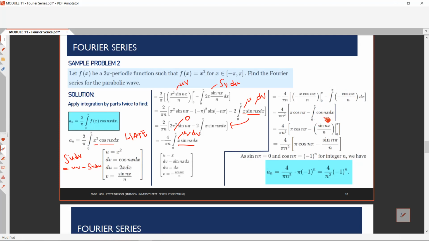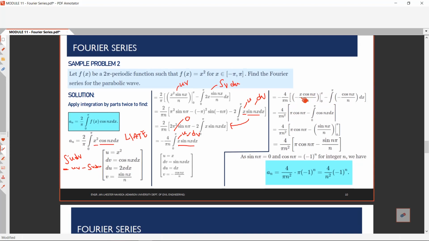The pi cancels here, and we factor out the n, so you have 4 over pi n squared. What you have left is the evaluation: negative pi cosine n pi over n, and taking the negative out, that is pi cosine n pi over n, which should be positive, minus integral from 0 to pi of cosine nx dx.